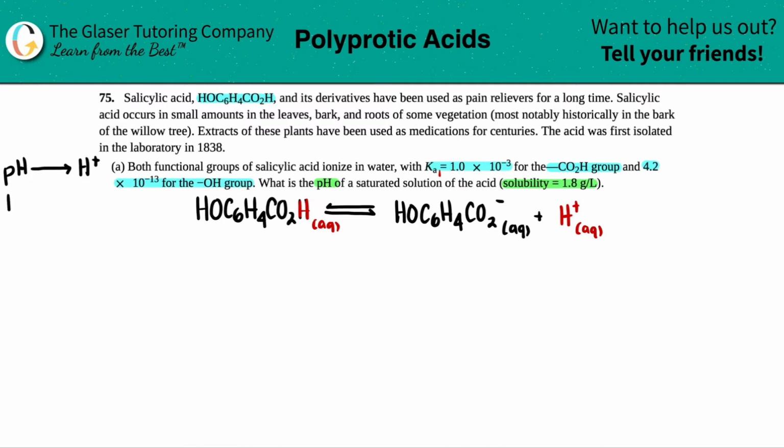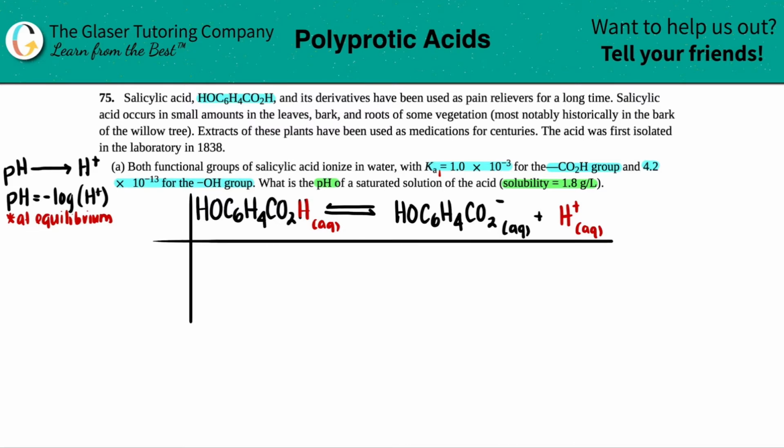If we want to find the pH, all we have to do is take the negative log of that H plus concentration. And this is always at equilibrium. So I have to get equilibrium concentrations. That seems like a nice table to me. The E in ICE stands for equilibrium. So let's just write it out. Okay. So ICE.